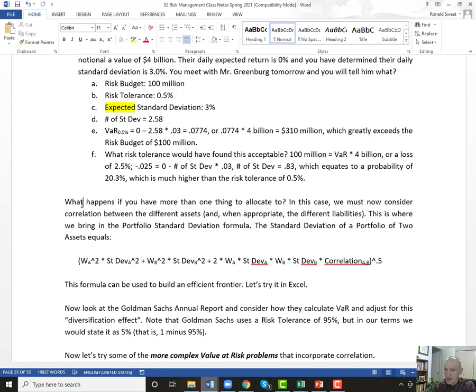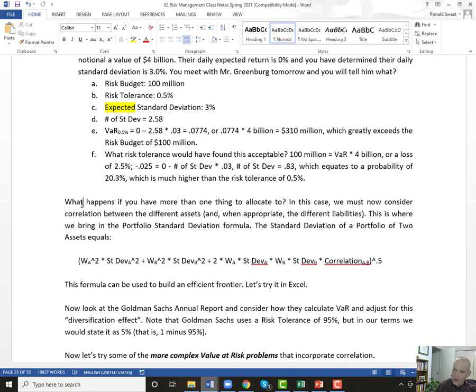They don't all have their bad down event all at the same time. So when stocks are down, there's a pretty good chance bonds are doing okay. Stocks are down, bonds are probably uncorrelated, might be doing well, might not, unrelated. It's probably true that if stocks are down, commodities will be down, but it's not a perfect correlation. Just because stocks are way down, commodities may only be down a little bit. So we're not sure how to combine all these things together, because they don't all move together.